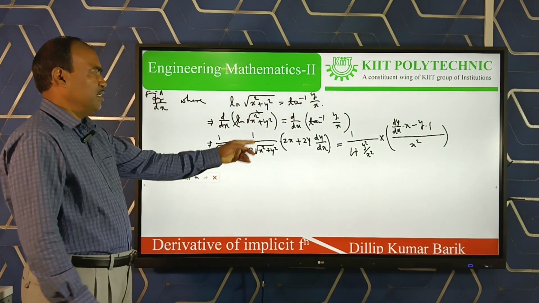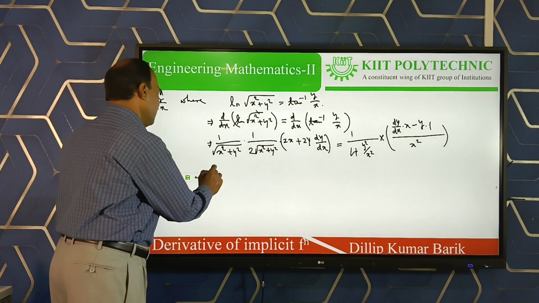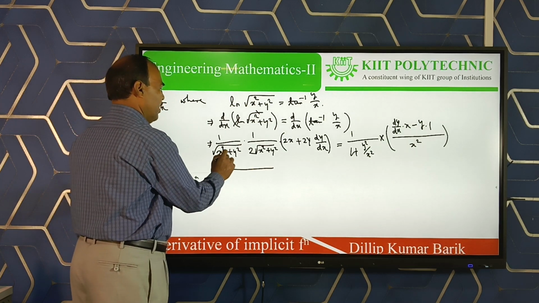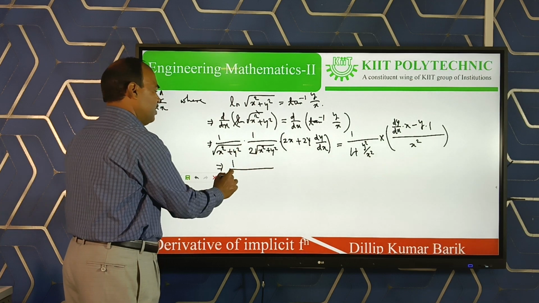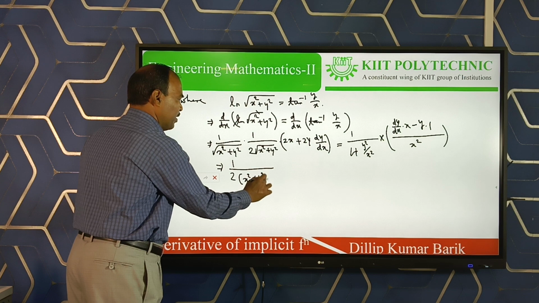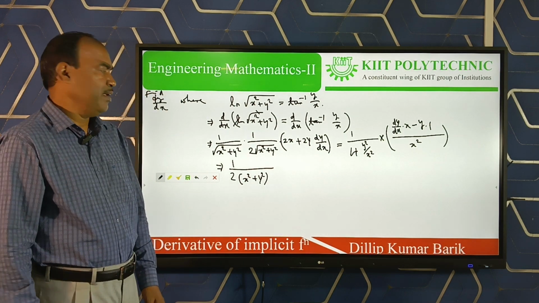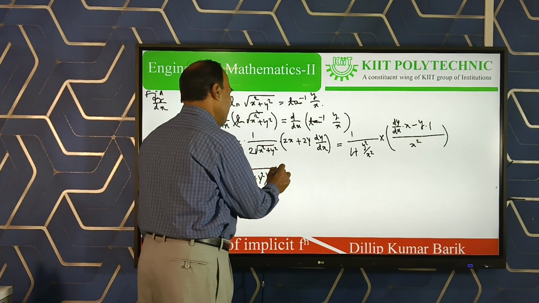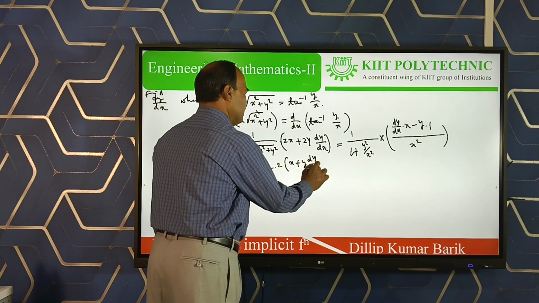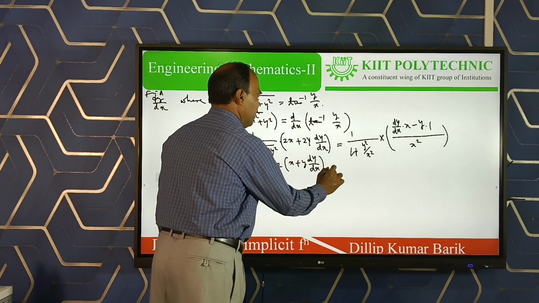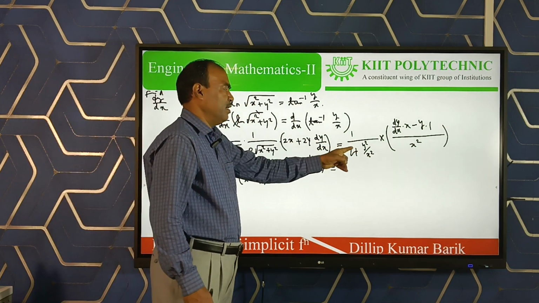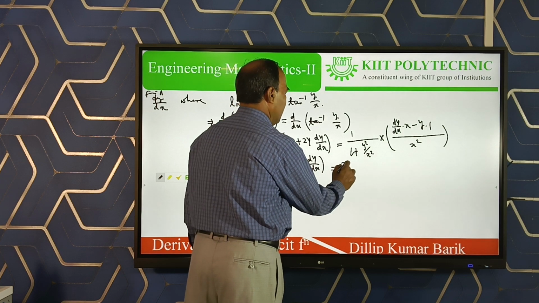So let us first simplify the LHS and RHS. We get 1 by x square plus y square, the same term here, which will mean 2 into x square plus y square, because root x times root x is simply x, and take 2 common here. Simplification means how to reduce the expression to its lowest form. This is equal to the RHS, 1 by something given here, take the LCM and so on.